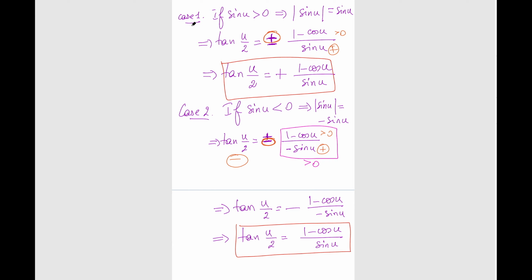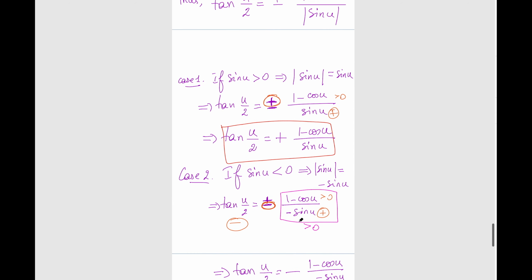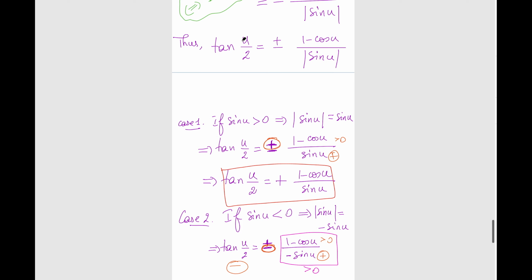So it doesn't matter whether we are in case 1 or in case 2, which are all the cases for sine of u, because sine of u is either positive or negative, it cannot be 0. In both cases, tangent of u over 2 turned out to be 1 minus cosine of u over sine of u. Make sense?